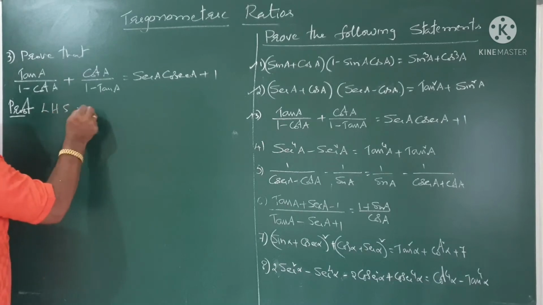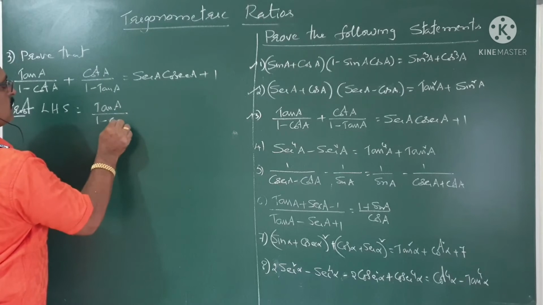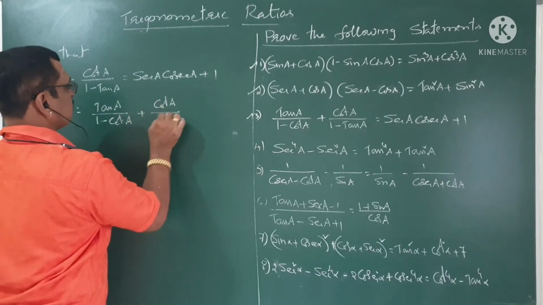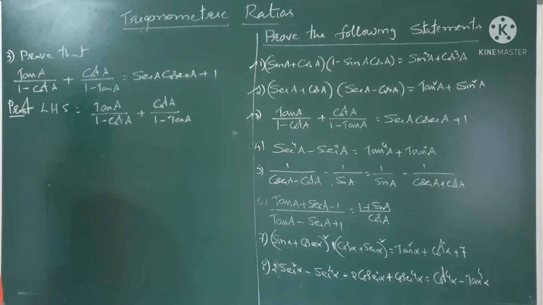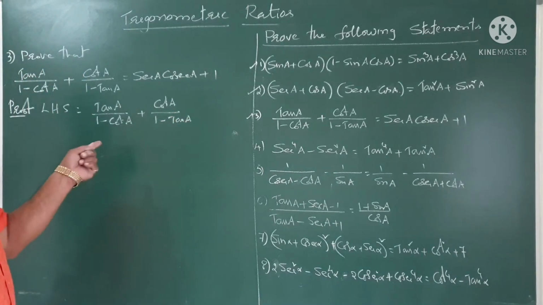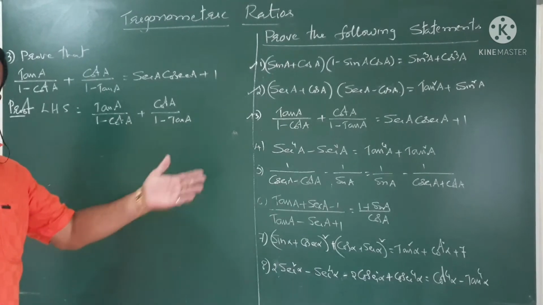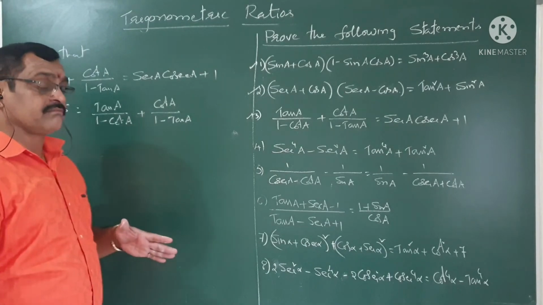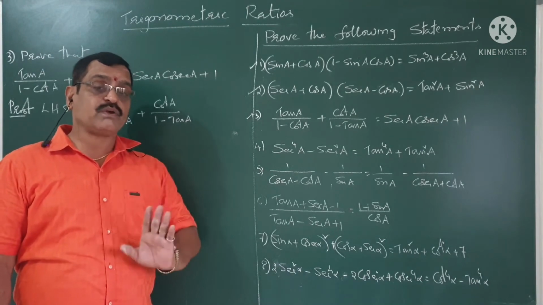LHS: tan A by 1 minus cot A plus cot A by 1 minus tan A. One simple method, whenever you find tan and cot, convert them to sin and cos. Simplify, definitely you will get it. Now in trigonometry we have this specialty. If you go on applying identities, definitely you get an answer at the end.